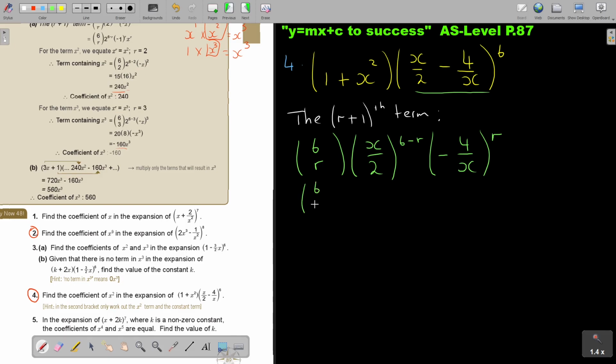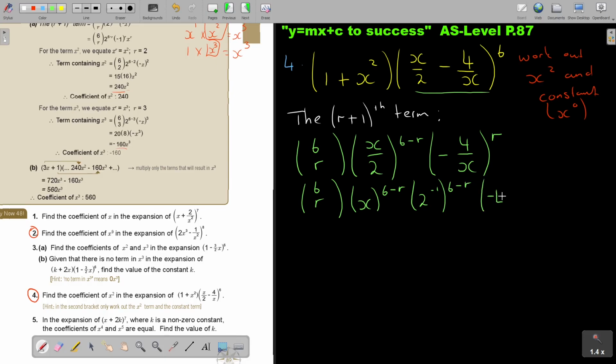Okay, so I write it down. I want to work out x^2 and the constant. Constant is actually meaning x^0. Don't forget, that's your plan. So I'm going to write x^(6 minus r), and we'll take the 2 up, so it's 2 to the power negative 1, and then it's negative 4 over x, to the power r.